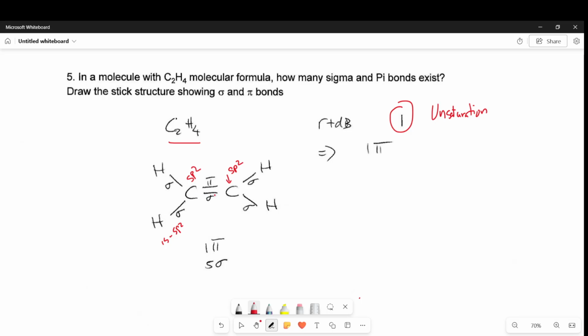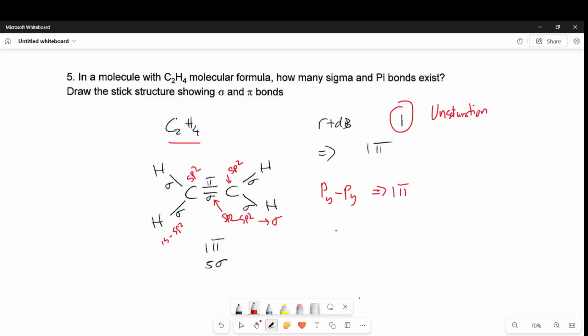The lower sigma bond is the interaction between hybridized sp2-sp2 orbitals. Always hybrid orbitals form sigma bonds. So I have 1, 2, 3, 4, 5 sigma bonds, and from the unhybridized py interaction, you have a pi bond, 1 pi bond.